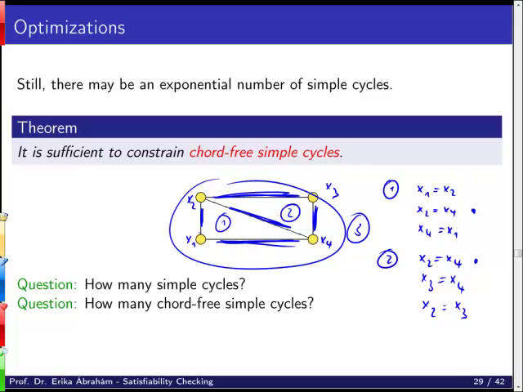So if I have the transitivity for cycle 1 and cycle 2, then I get the transitivity for cycle 3. So what is now the relation of 1, 2, and 3? Can I somehow formalize it? Which kind of cycles do I not need to encode?